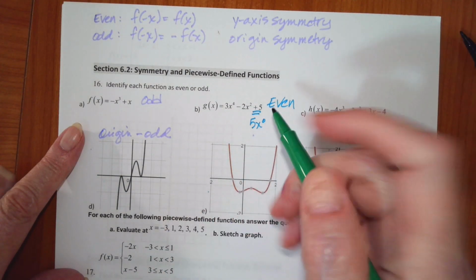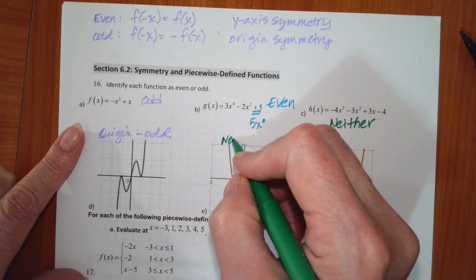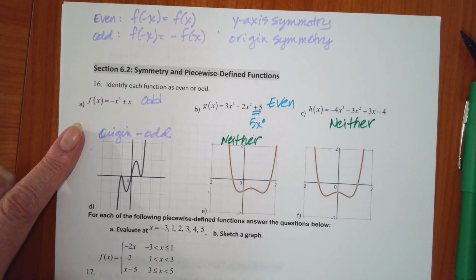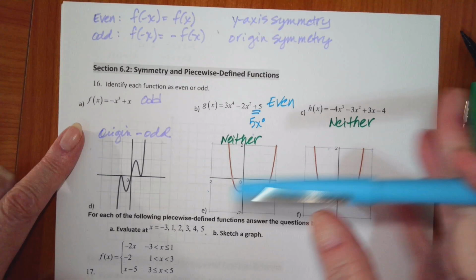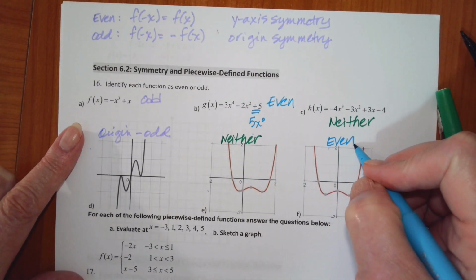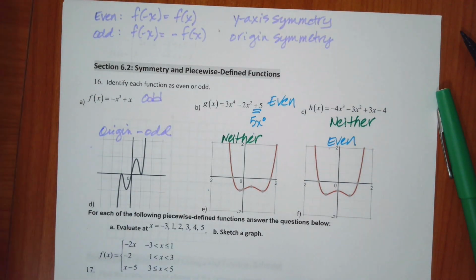It is not origin symmetry, so this one is neither. This one is symmetric across the y-axis, so this is even. And we'll go on to piecewise in our next one.